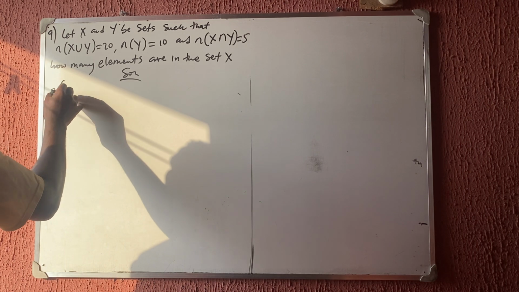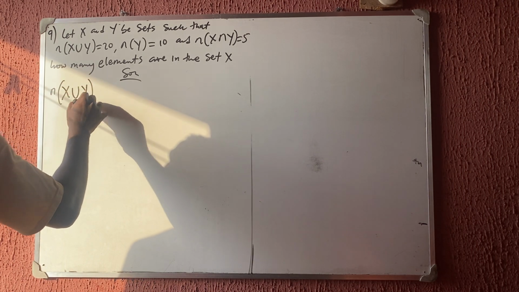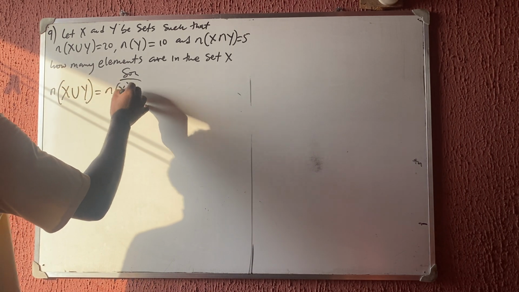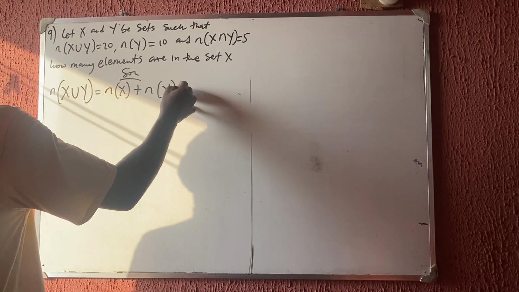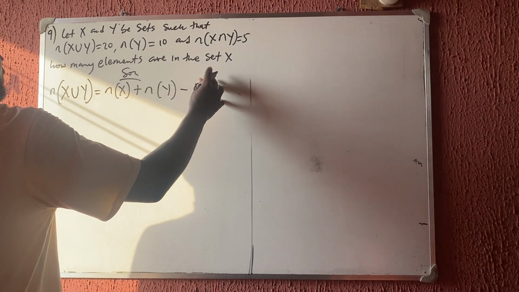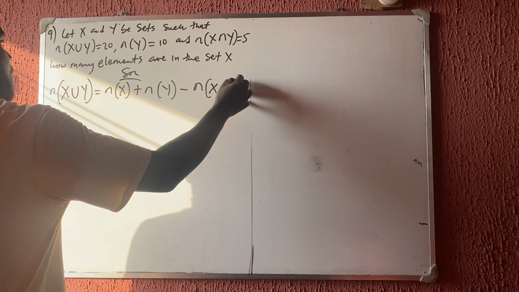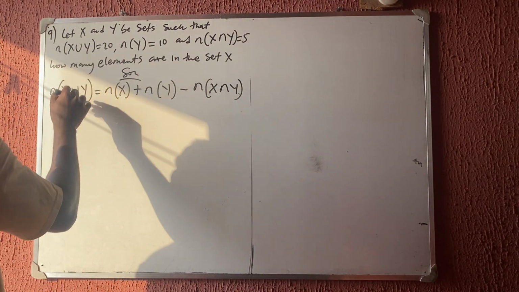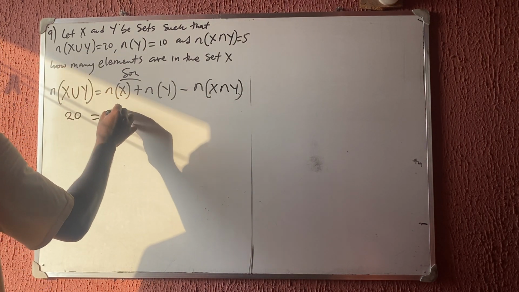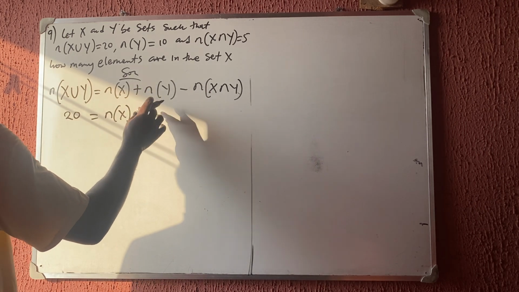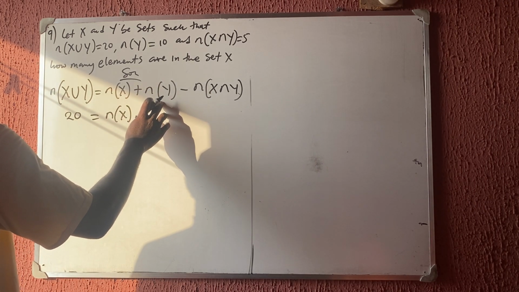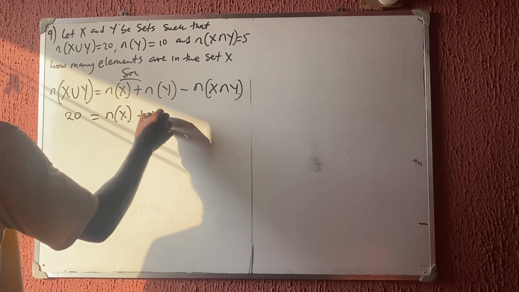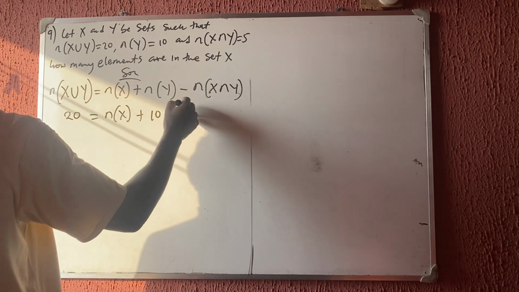The same thing we just did. Just tell them that the number of x union y is equal to the number of x plus the number of y, then minus the number of their intersection. So 20 is equal to the number of x, which I am looking for, plus 10, then minus 5.